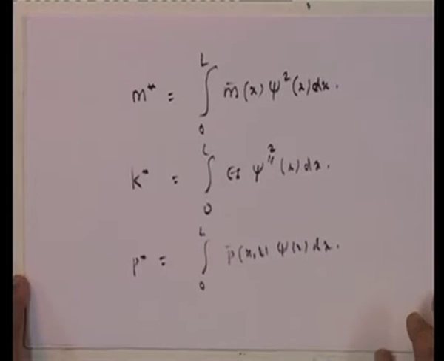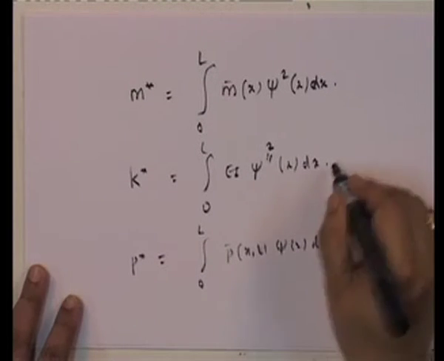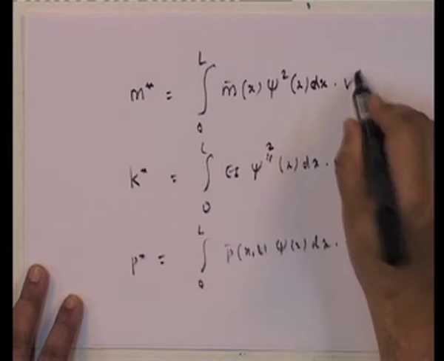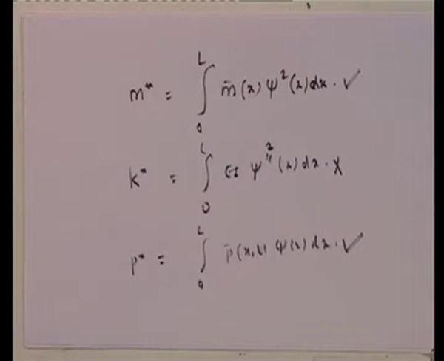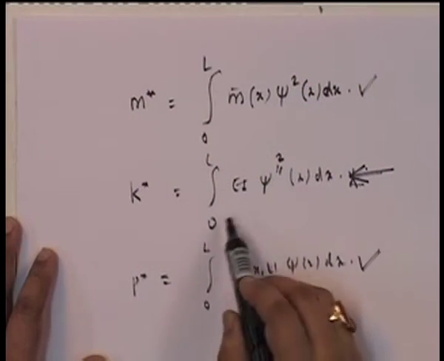Okay, now if you look at this particular thing, you will see, excepting for this, this and this are things that we have developed already for the generalized single degree of freedom system, which was for the rigid body assemblages, right. These are exactly the same as that. Now, the question then becomes, is that this is the only term that comes in, and this comes in due to the deformation.